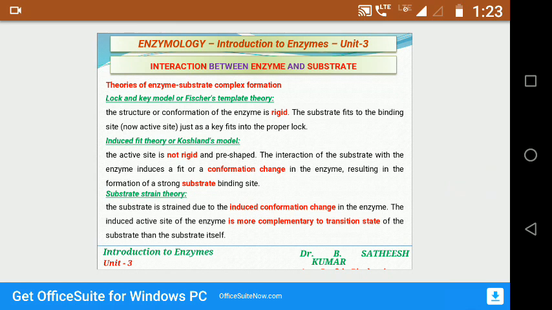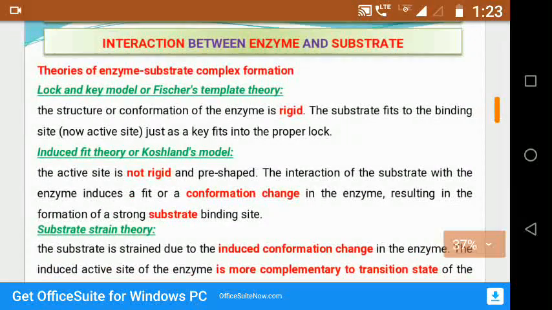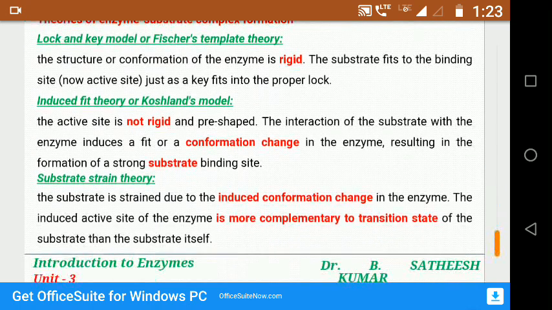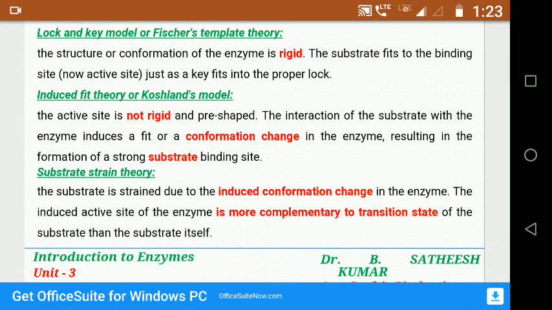So these three are the theories which try to explain the interaction between the enzyme and its substrate. Let us have a quick review of these three theories. First one is the lock and key model. In this one we have to remember only one thing, that the active site of the enzyme is rigid.